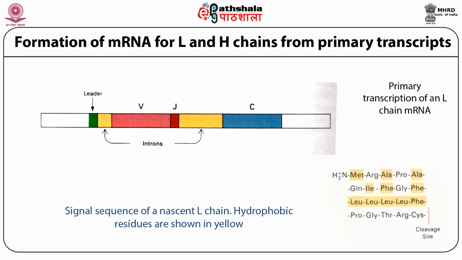You may recollect that it is this leader sequence which ensures that the corresponding polypeptide chain is secreted out of the cell ultimately. In addition to this, the primary transcript has two introns. During processing of this primary transcript, these introns are removed.